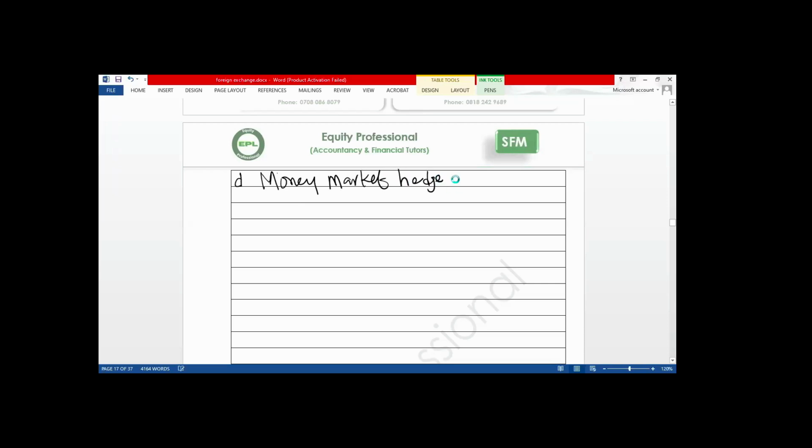Our future transaction is expected receipts in 3 months. We are expecting 6 million Central dollar. We are expecting an inflow in foreign currency.